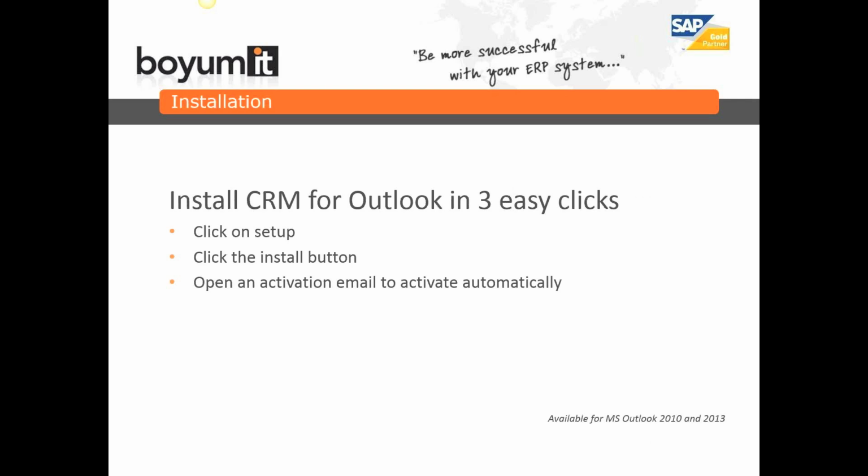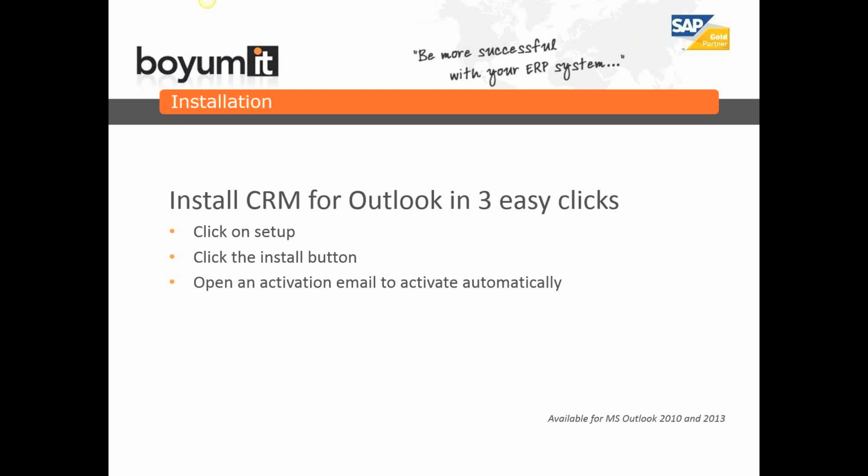There are only 3 steps that you need to do before you get this application up and running. Once you do those 3 steps, CRM for Outlook is connected to your SAP Business One database, and you're ready to go. So you don't need to have SAP Business One installed on your local PC in order to run CRM for Outlook.